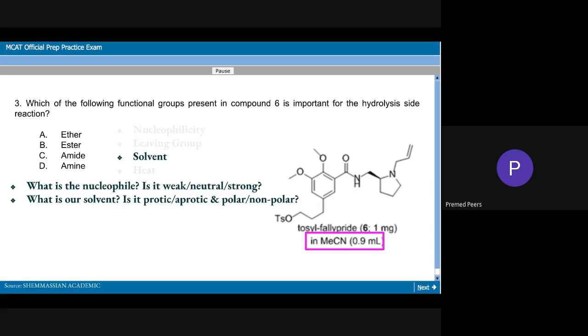So in this case, we're having methyl cyanide, which is aprotic, and it is polar otherwise, but it's not something that would necessarily allow this, because none of the functional groups right here in compound 6 is charged or has a positive charge.